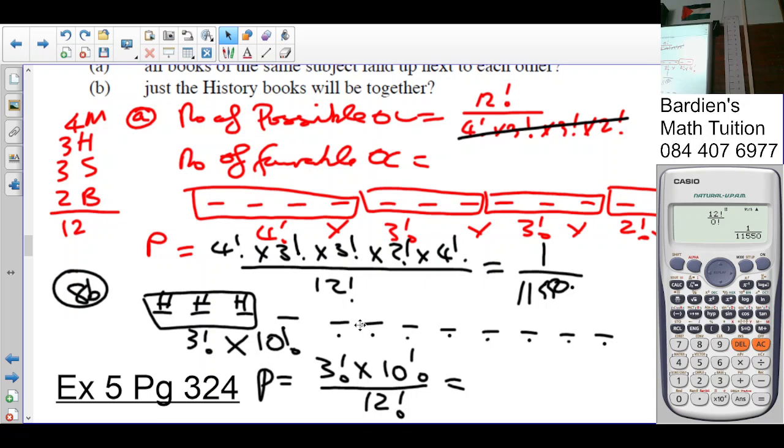Okay. So let's see what we get here. 3 factorial times 10 factorial over 12 factorial. 1 over 22, which is the answer they got there, so that makes us feel better now.